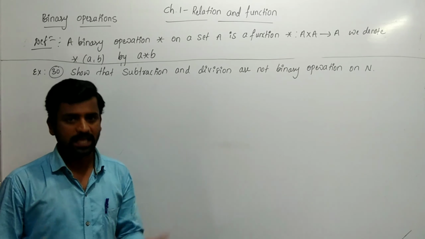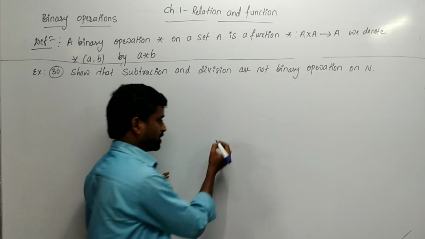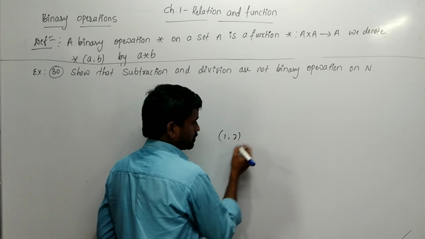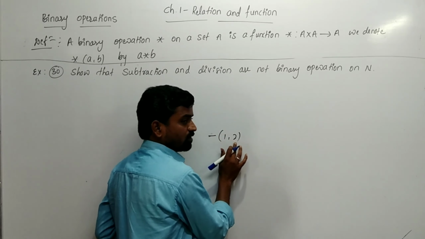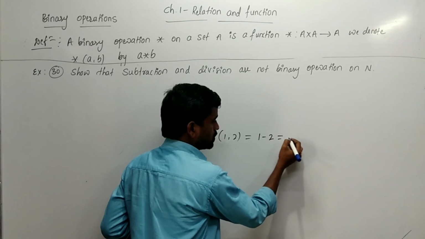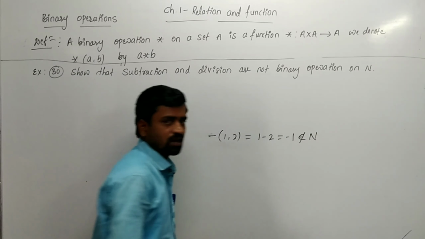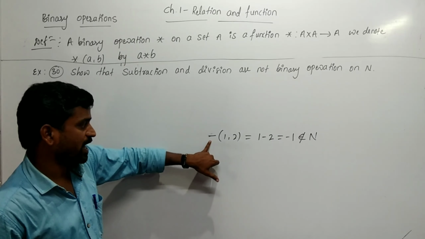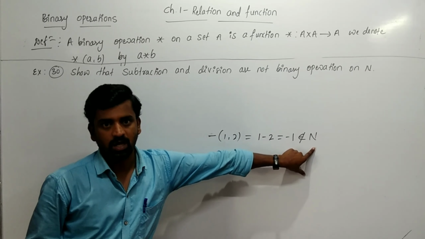You take any two natural numbers, for example 1 comma 2, subtraction of 1 comma 2 is 1 minus 2 equal to minus 1. This minus 1 is not a natural number. Therefore, subtraction is not a binary operation on natural numbers.